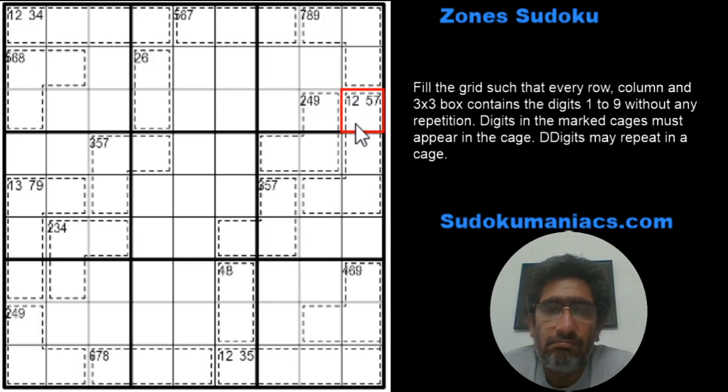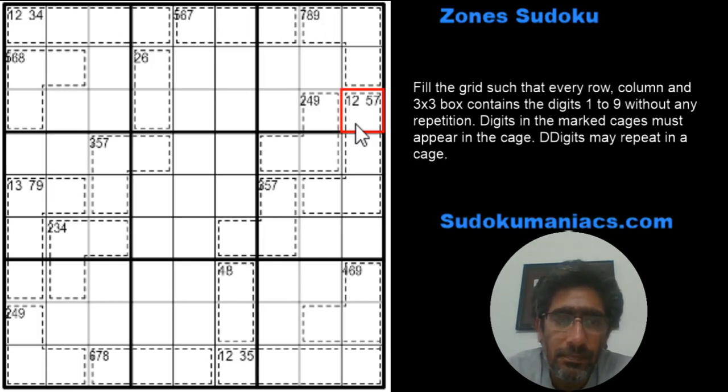So it's more like a combination of a pencil mark with a quadruple Sudoku, because quadruple is again another form of a pencil mark but with fixed options, right? So that was my first observation when I saw this puzzle.